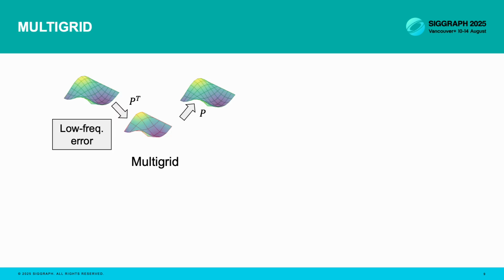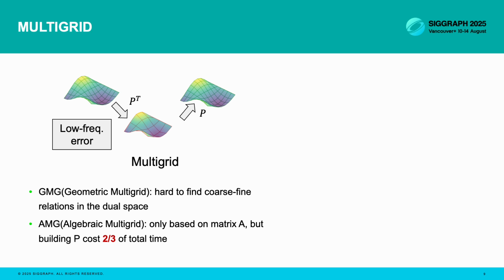Multigrid is renowned for fast convergence and scalability with large systems. It transfers residuals between coarse and fine meshes, solving low-frequency errors that Gauss-Seidel or Jacobi struggle with. Multigrid has two main types: geometric multigrid (GMG) and algebraic multigrid (AMG).